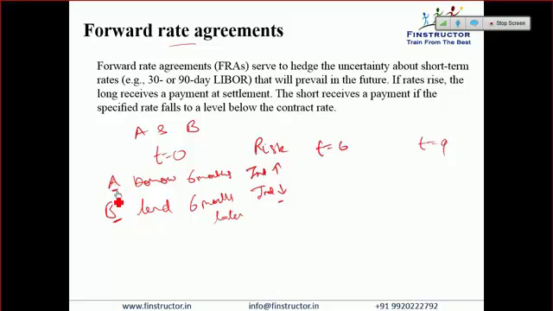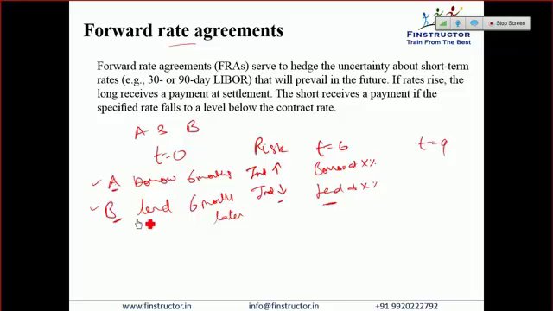So can A and B enter into an agreement that 6 months later A will borrow at X% and B will lend the money at X%? By entering this agreement, have both of them hedged their risk?